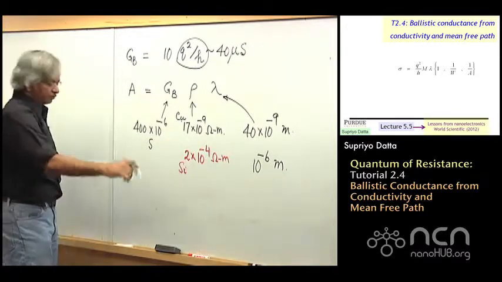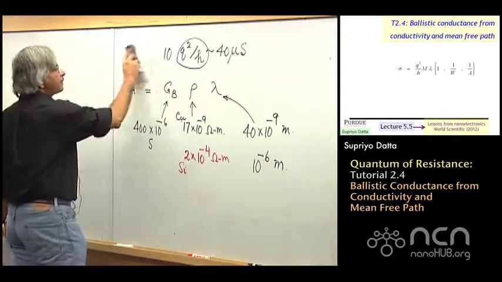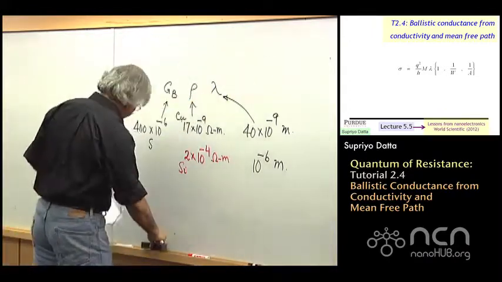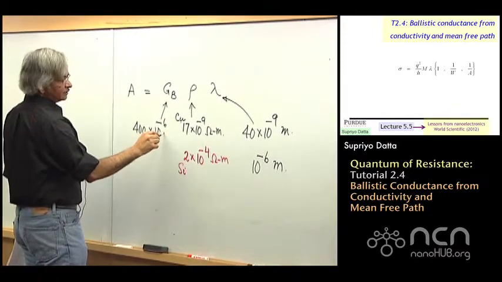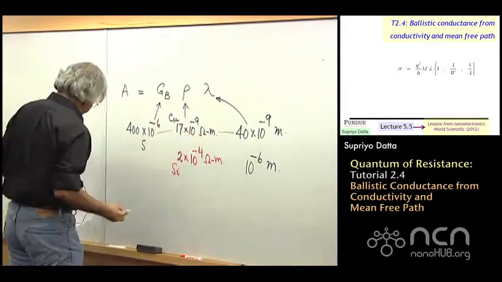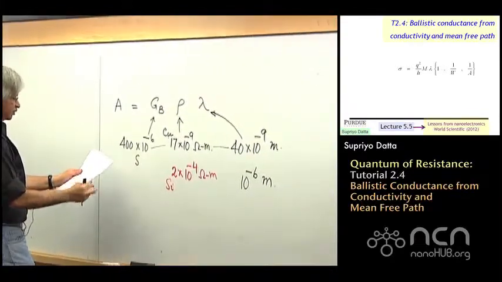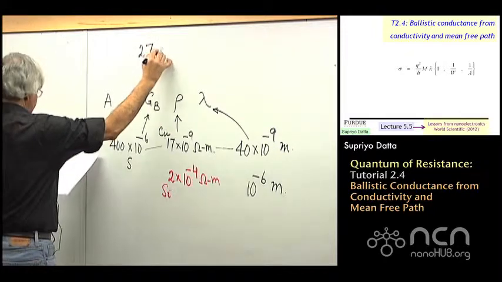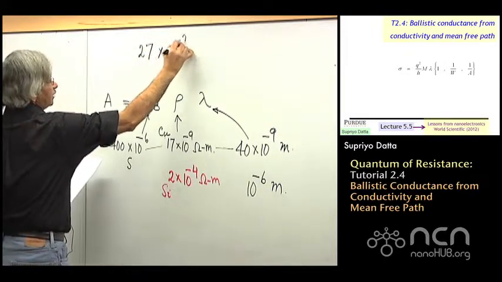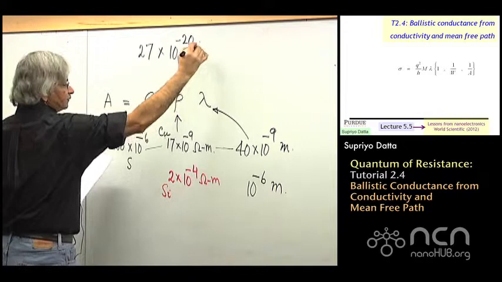So what do we get if we put all these in? I guess you can estimate roughly what you'd get. For copper, you have to multiply these three things. And I think what I got when we multiplied those out was about 27 times 10 to the power minus 20 square meter.